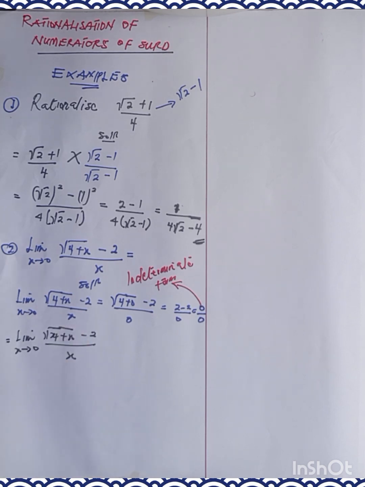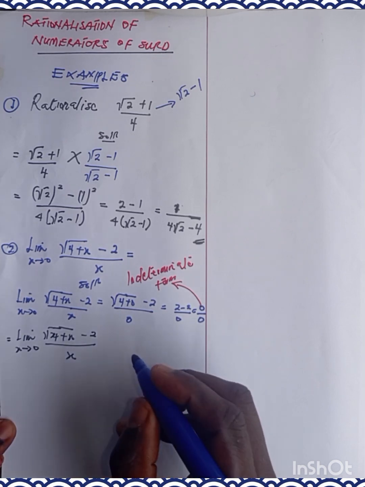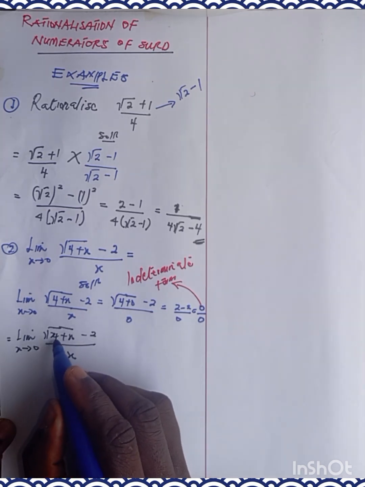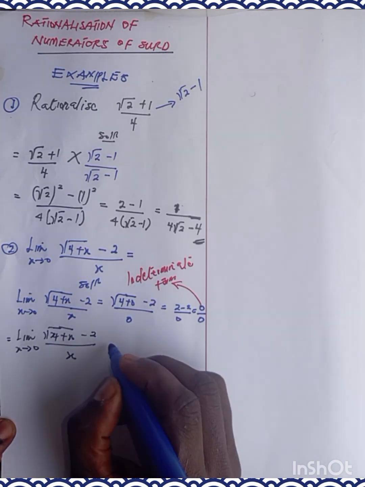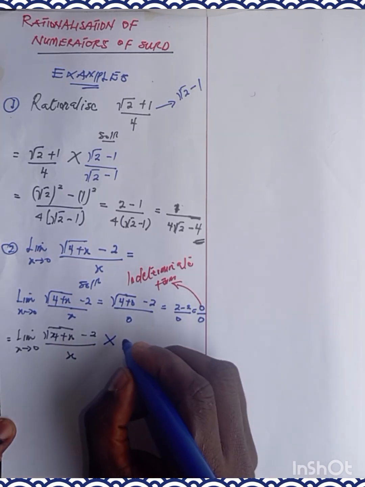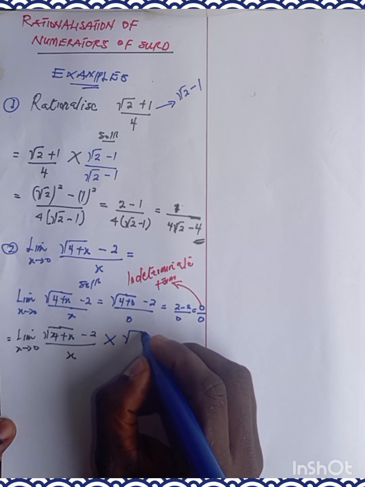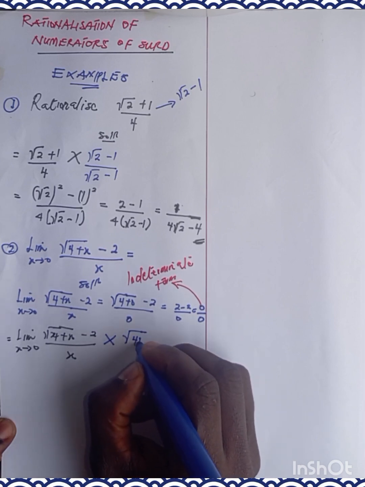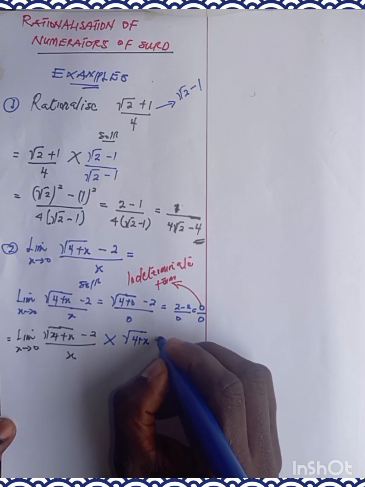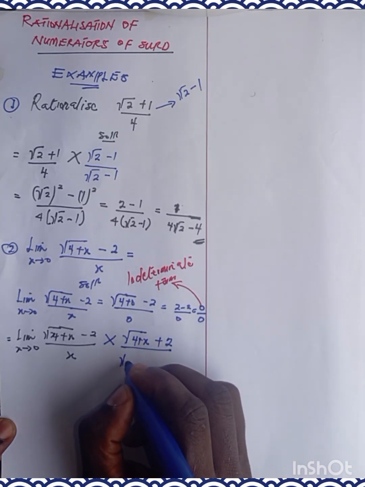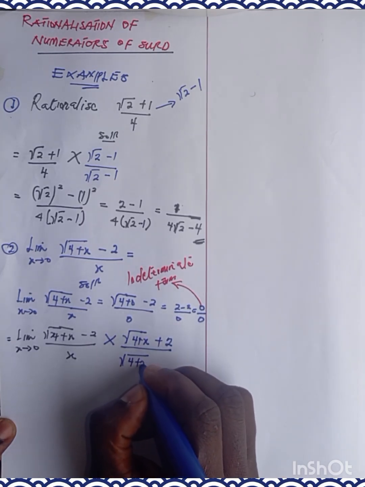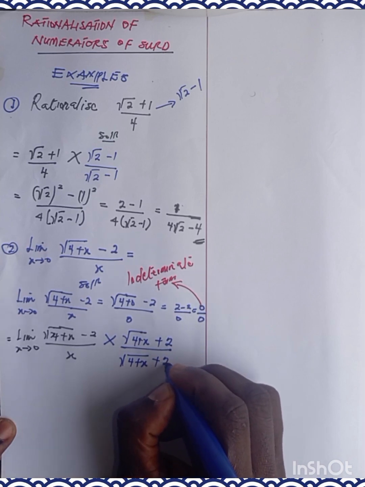Now let's also identify the conjugate. The conjugate of this is going to be what? Root of 4 plus x plus 2, and then we multiply. So we are getting this times the conjugate, root of 4 plus x plus 2 all over root of 4 plus x plus 2. Good.